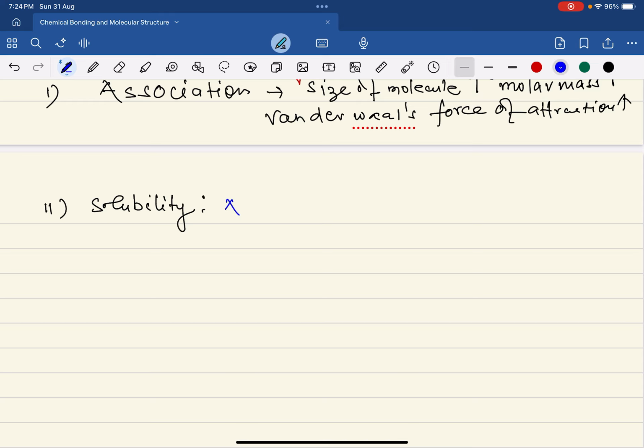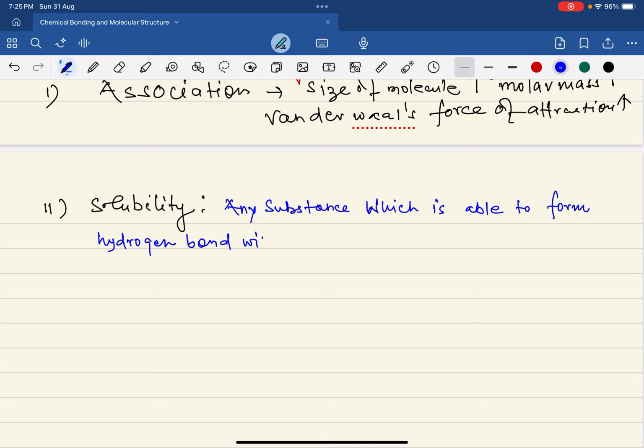Any substance which is able to form hydrogen bond with water is soluble in water.